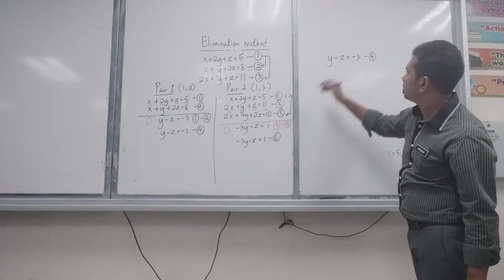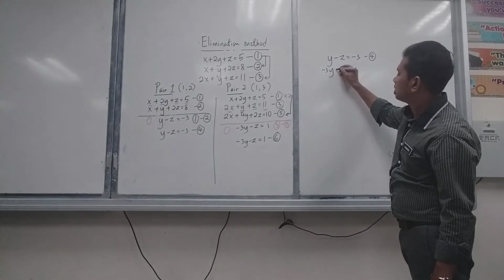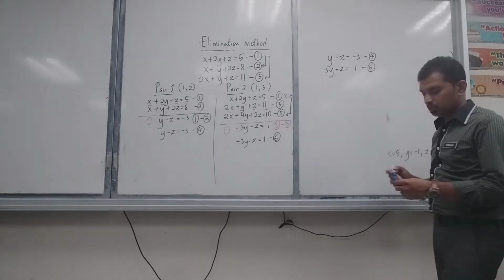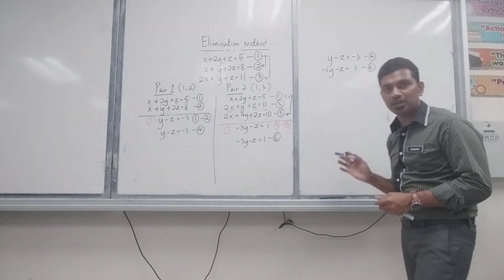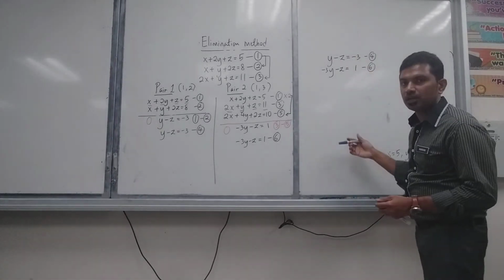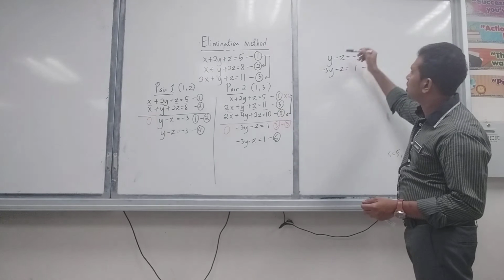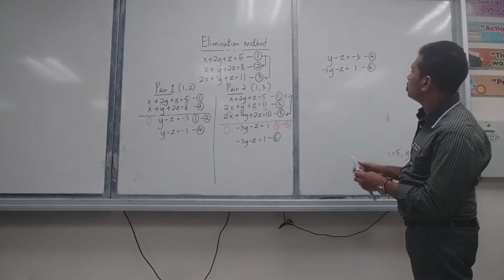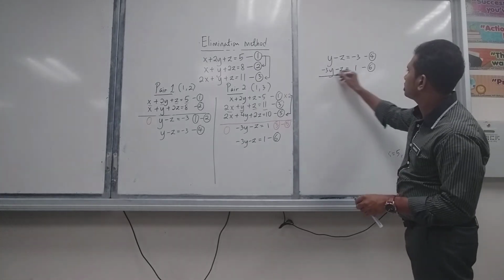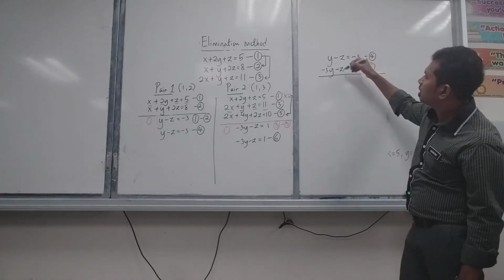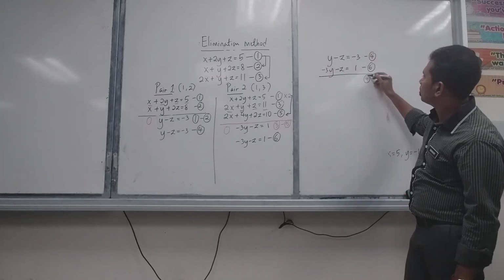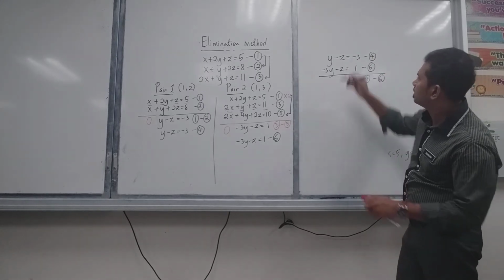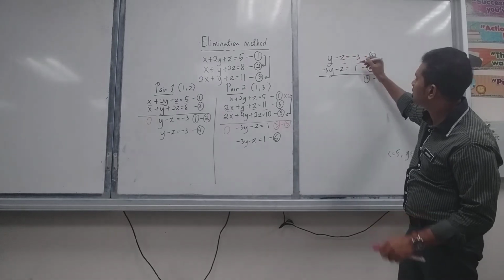Fourth one, this one, minus z equals 1. Okay, since this one is elimination method, we should eliminate. The z is same, we can eliminate. Put a line there. We can write here fourth equation minus sixth equation.